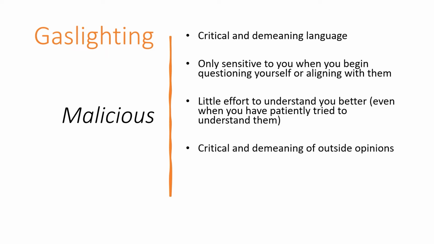The fourth one: critical and demeaning of outside opinions. Somebody who's being manipulative typically wants to protect you from other opinions that might reinforce your thoughts, right? Because their goal is to get you to abandon your thoughts and to grab onto their own thoughts, right? And so they try to get you to second guess your thoughts, or to feel like maybe you're crazy or that your judgment is off, in order that you'll adopt their thoughts, right?